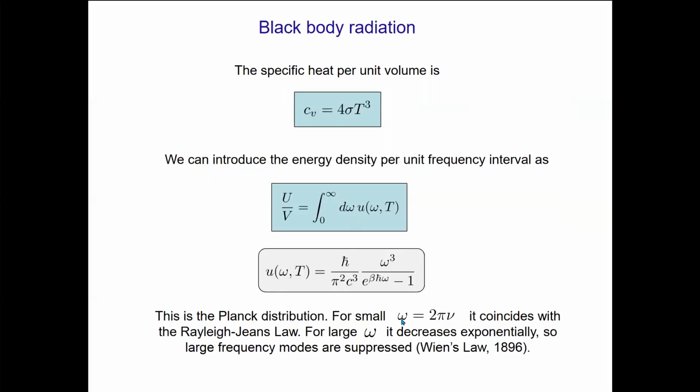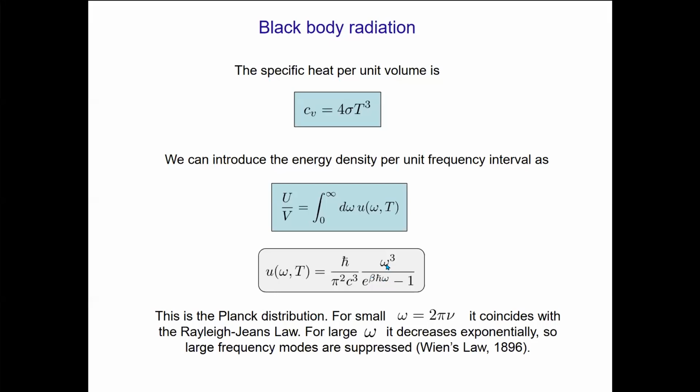For small angular frequencies omega, which are related to the normal frequency by a factor of 2 pi, it coincides with the Rayleigh-Jeans law. Because when frequency is small, this quantity here is small, so the exponent is close to 1, and we can expand it into a Taylor series, and the 1 will cancel, leaving the first order contribution, linear in omega.